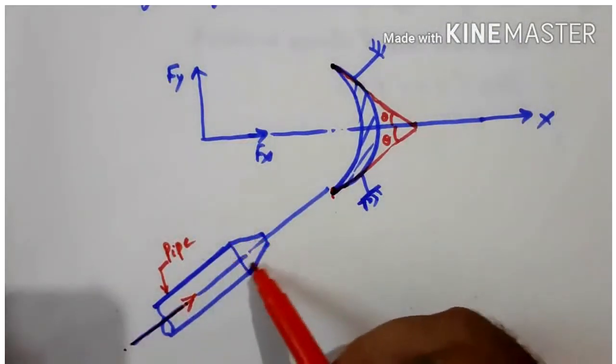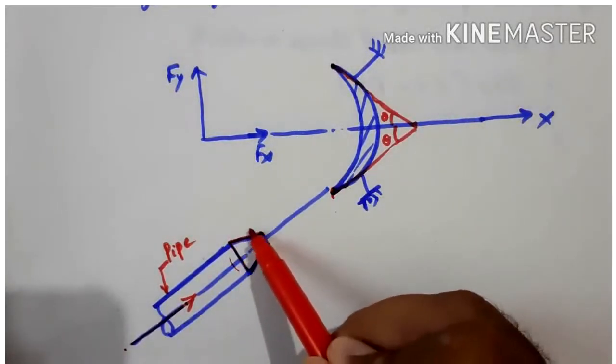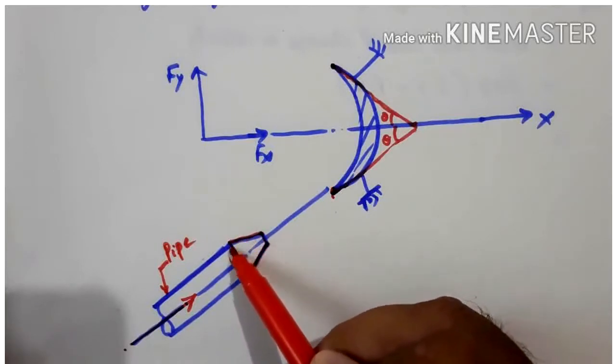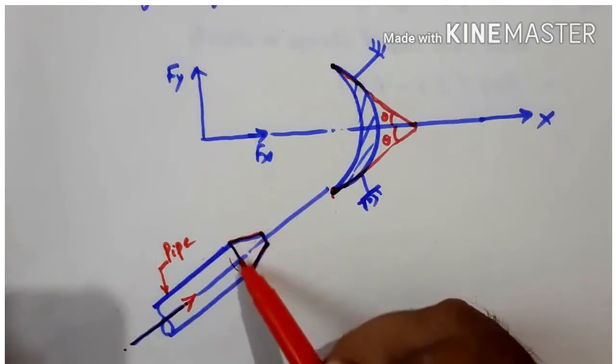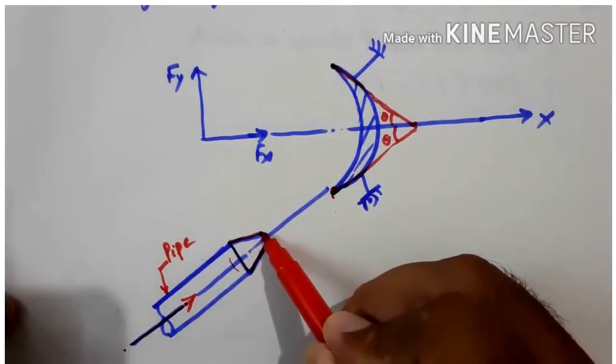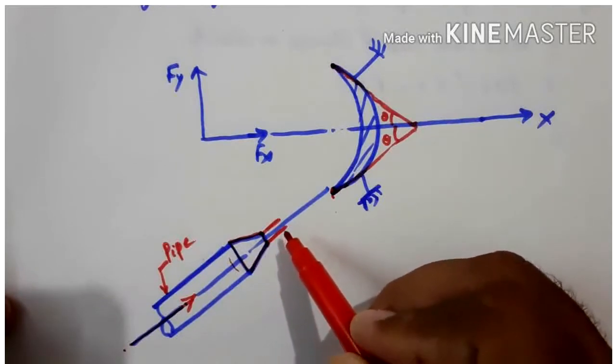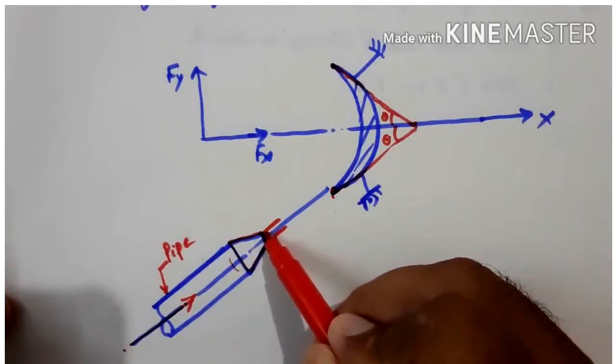Again, for a pipe, a nozzle is fitted at the end, just to increase the kinetic energy of the liquid. When the liquid comes out from the nozzle, it comes with a high velocity jet.